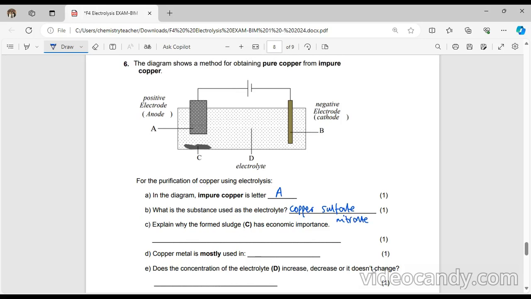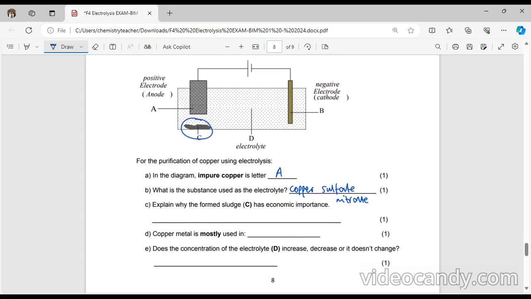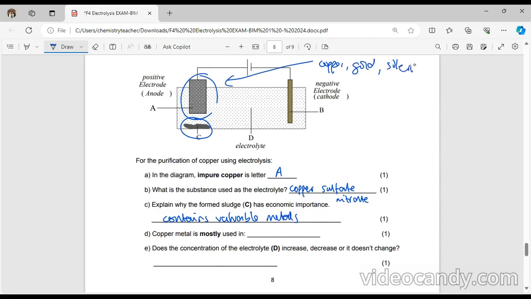Explain why the formed sludge has economic importance. That's C. C contains valuable metals because the impure copper we find at A contains copper amongst other things, including gold and silver, for example.